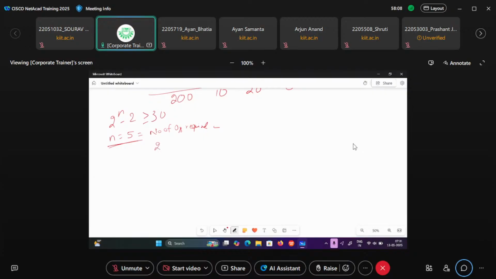We have 200.10.20.0, and the subnet mask is 255.255.255, so just make it 8 times 1, and this is also 8 times 1, and again 8 times 1. For the last octet, 8 bits, we require 5 zeros. From right to left, just fix these 5 zeros, and the remaining bits you change to 1.